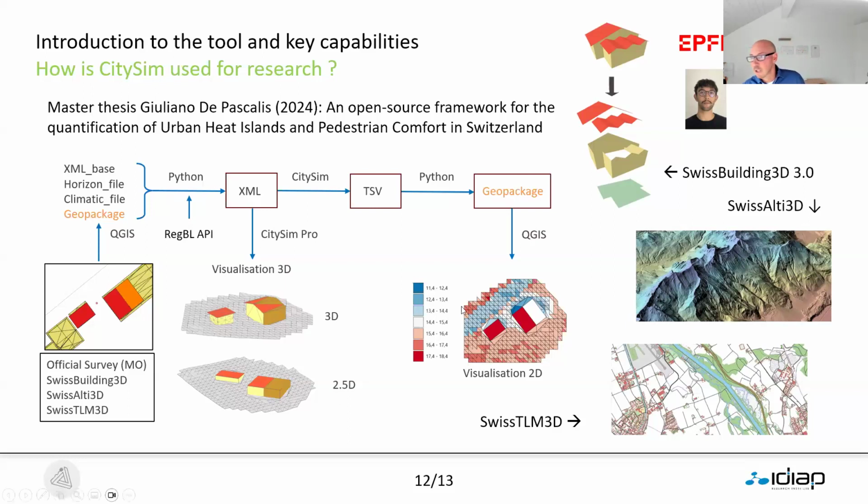What is interesting here is that he's also using the Swiss TLM 3D model, which is a model of the type of soil that you have. So if you have water bodies, greenery, a road, or pavement, you have all this information, and you can use it for building your model and running your simulations.